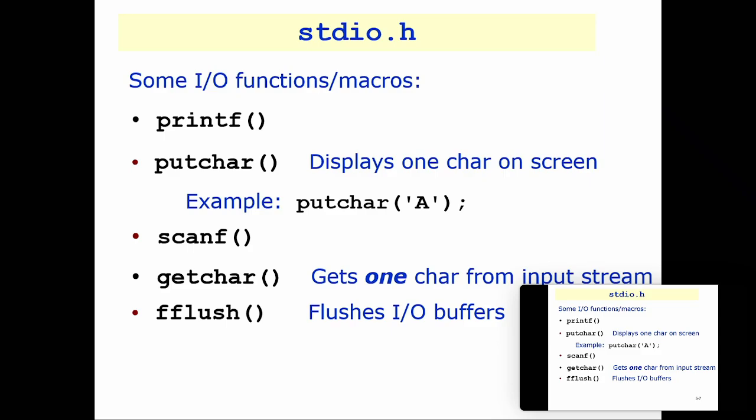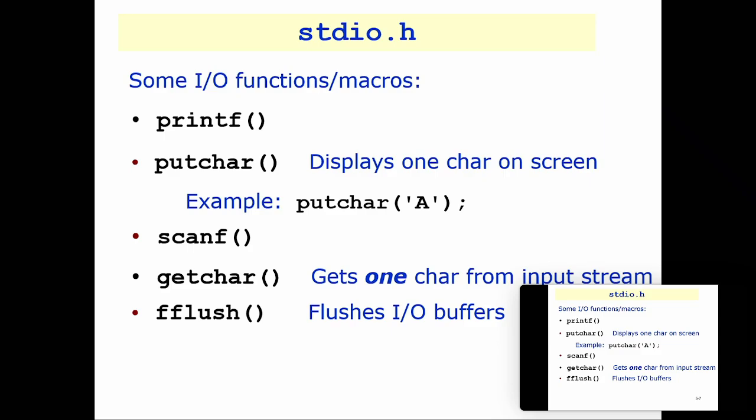Those inputs are stored in the buffer memory of the computer, and eventually those values are assigned to the variables one by one. I'm going to explain this in a later slide, but even hitting enter is considered one input, so this enter value is stored in the buffer memory.